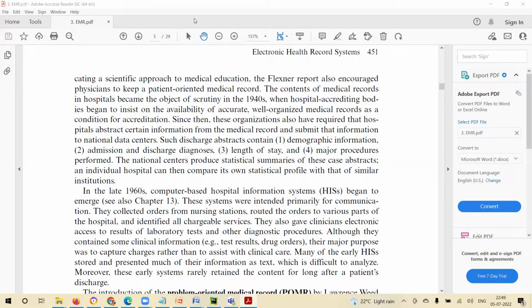So it was mostly paper based, and slowly. Now, if you look at other systems, you have something called hospital information system, HIS. Sometimes you call it hospital management system, HMS. The focus of HMS and HIS is about hospital management.